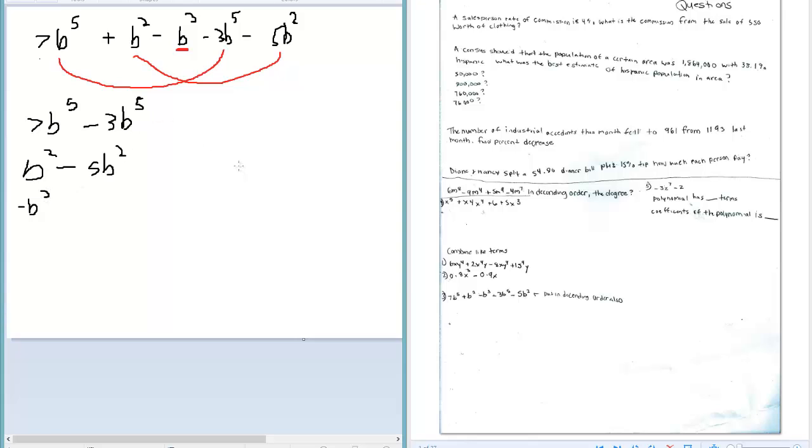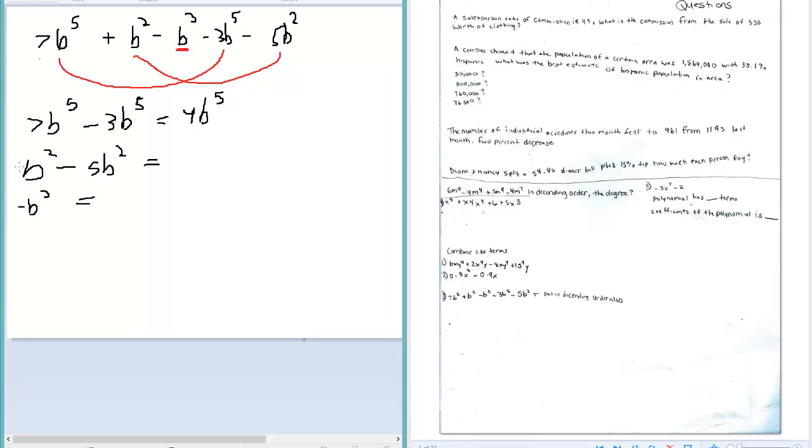Next, since we've already separated these terms based on their degrees, we will now simplify them, which means combine the like terms. We will first subtract 3 from 7, so it will become 4b to the degree of 5. Next, we will subtract 5b to the degree of 2 from b to the degree of 2.